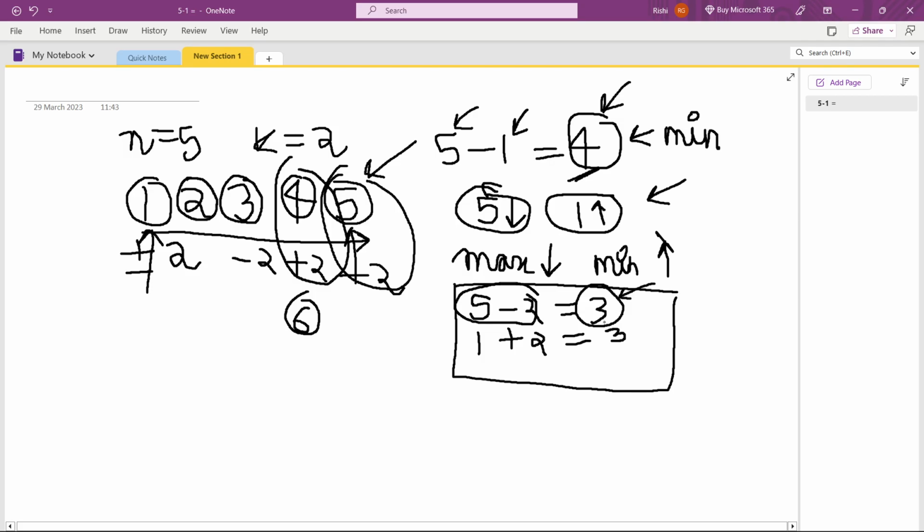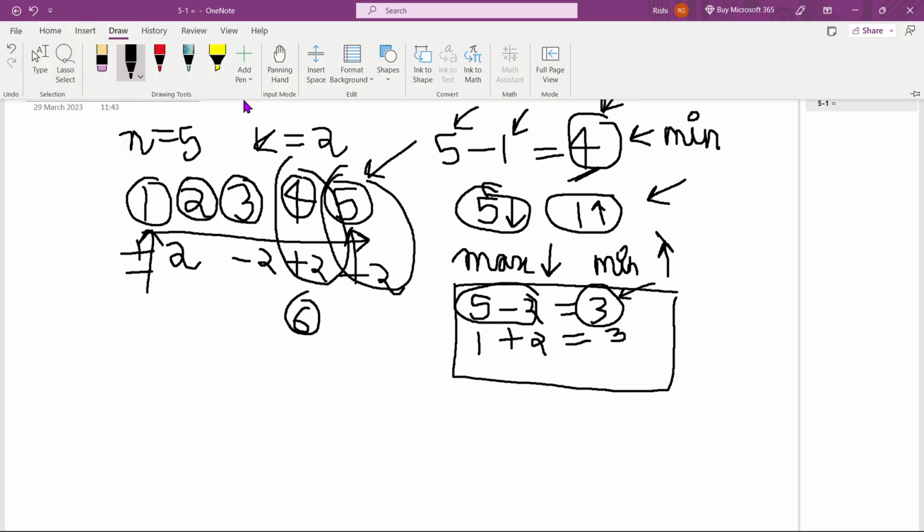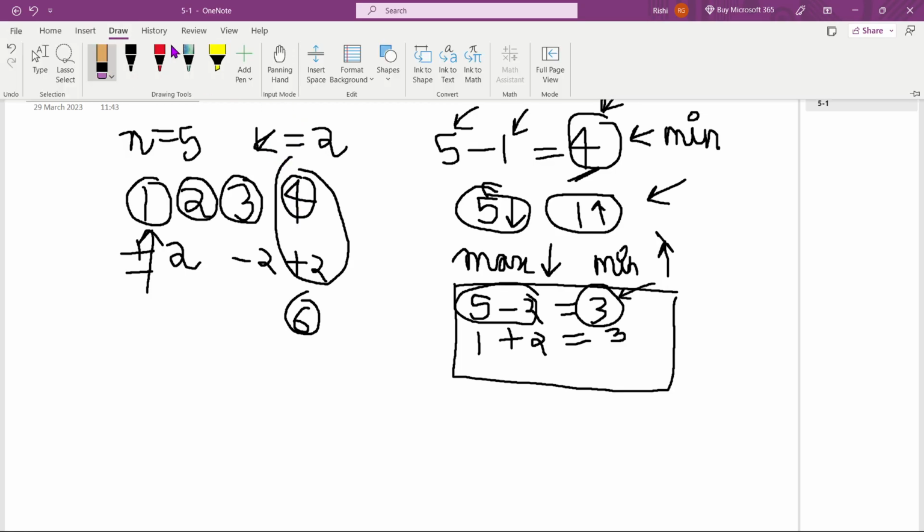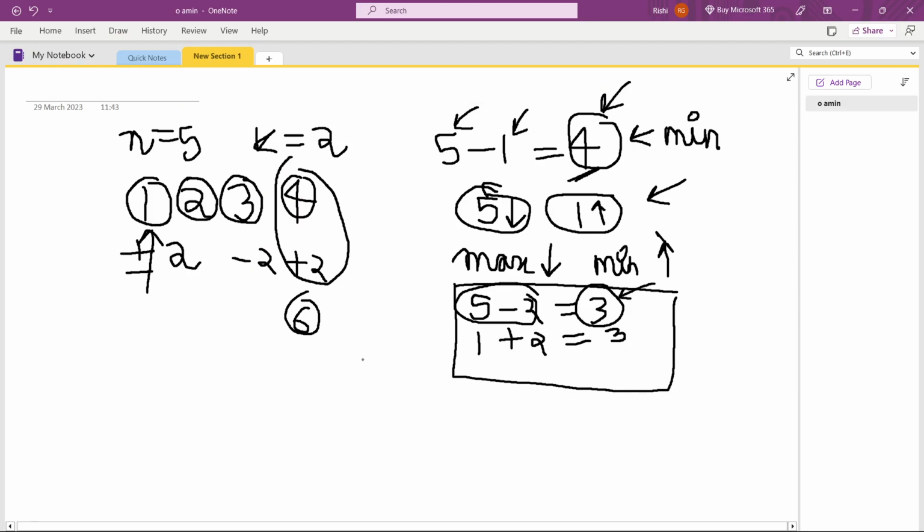Or there might be a case where, let's say, 5 was not present here. So what will be our difference? It would be 4 minus 1, that would be 3. Now if I subtract 2, that would become 2. Now I have two possible things.